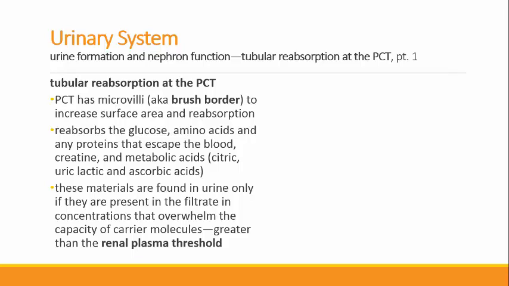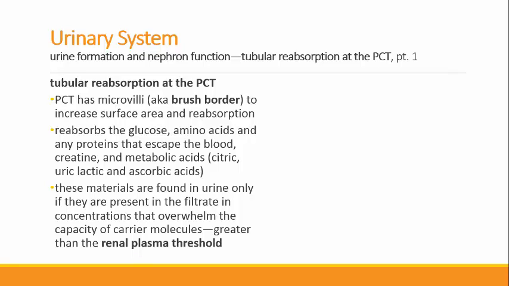As well, creatine, a byproduct of muscle metabolism, and metabolic acids. These are acids produced by body processes, like citric acid, uric acid, lactic acid, and ascorbic acid. These four acids are all drawn back into the body by tubular reabsorption.